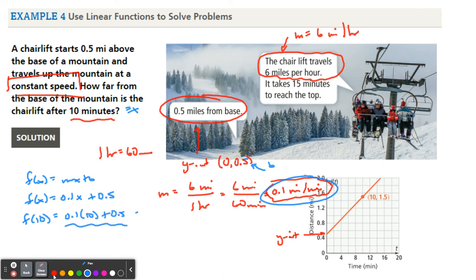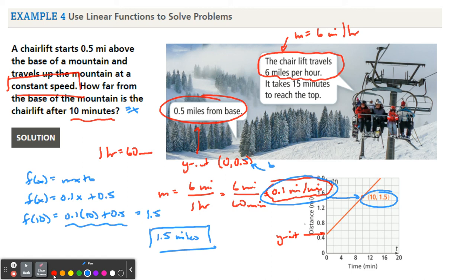Simplify that and you get 1.5. And that means that after 10 minutes, you would be 1.5 miles above the base of the mountain. And you can see, I think I copied and pasted this graph from the textbook, that after 10 minutes, you're 1.5 miles above the mountain.